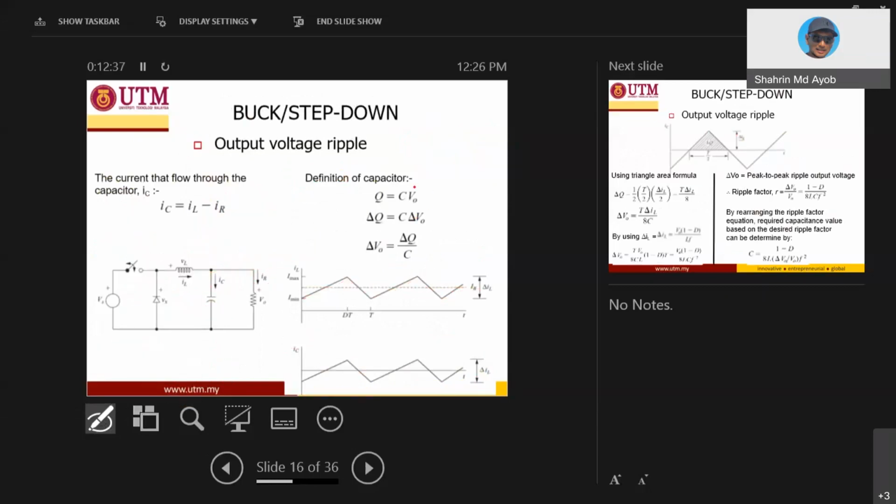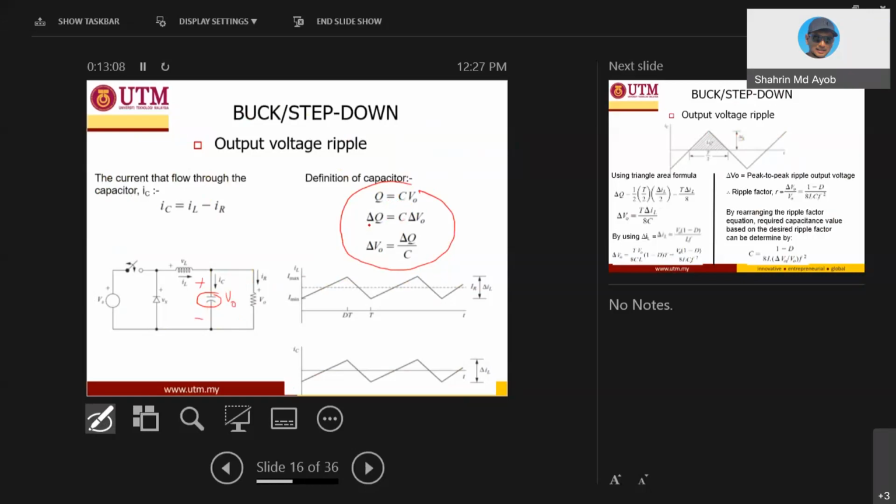Okay, this one is very important. The amount of charge inside the capacitor is equal to the value of the capacitance multiplied by the voltage across the capacitor. Right now, the voltage across the capacitor is V out. So that's why we have Q equals C multiplied by V out.